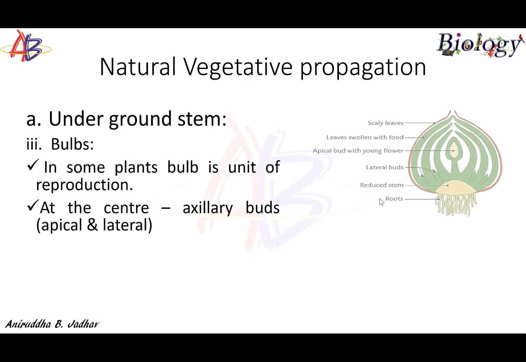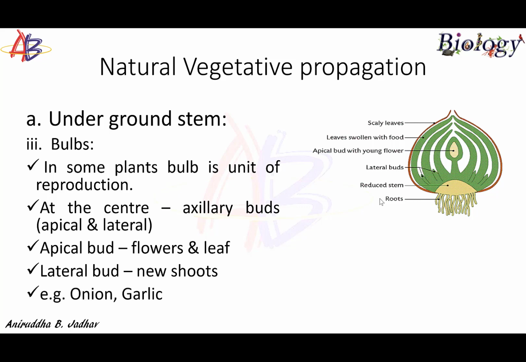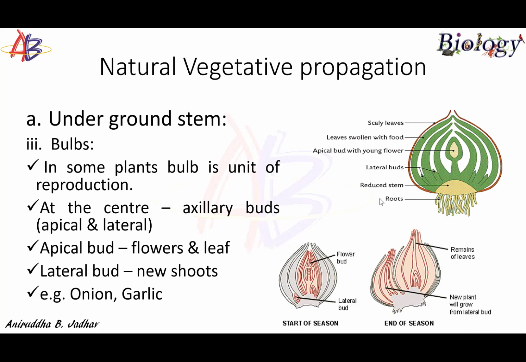The apical bud will produce leaves and a flower, while the lateral buds will produce new shoots. As the plant grows and develops, it will form a new bulb underground. Examples of such plants include onion and garlic.